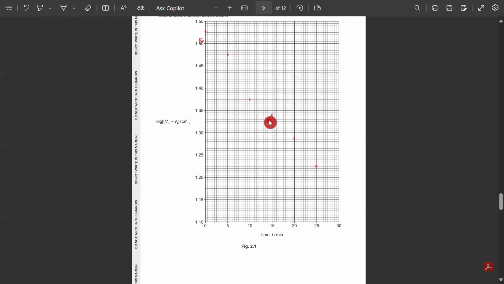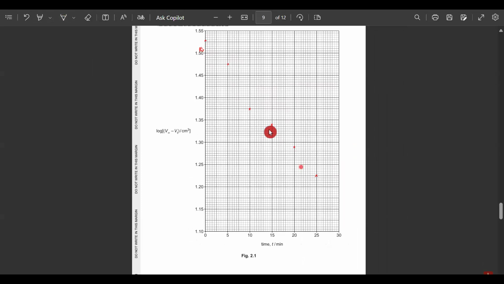The anomalous point was this one, the one that's supposed to be on 10. At time 10 minutes. Okay.